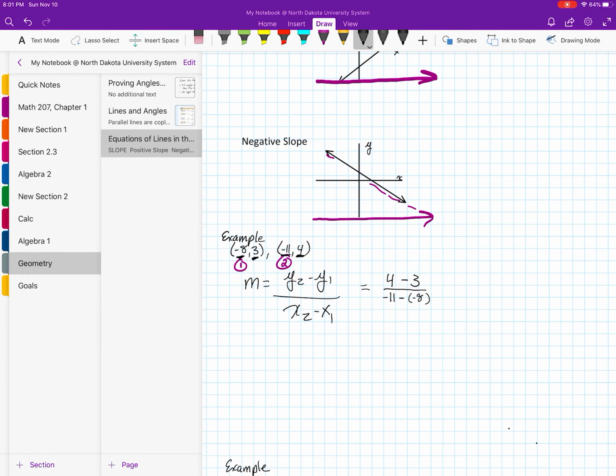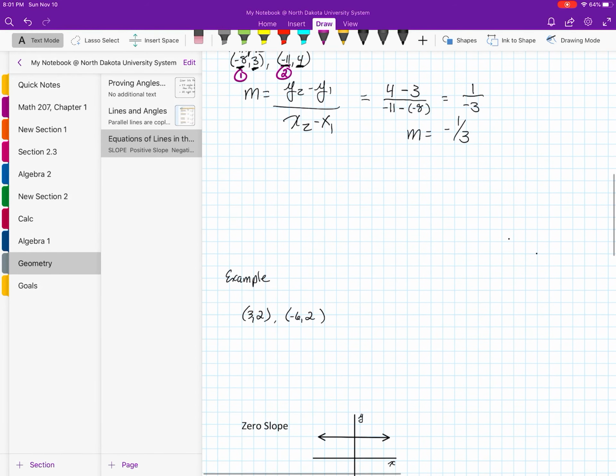Notice we have a minus negative 8. So up top we get 1. On the bottom we get negative 11 plus 8 is negative 3, so we get a slope of negative 1/3. Let's do another one.